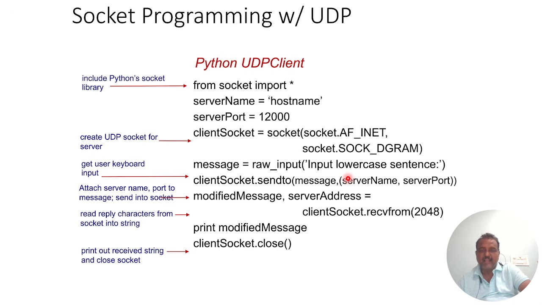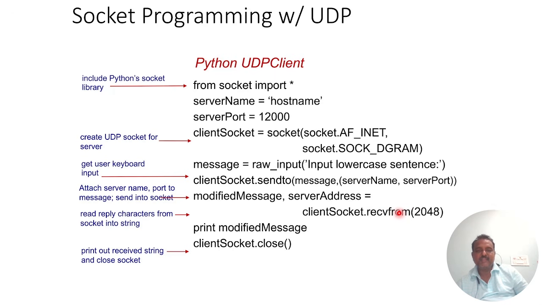Okay, and then if you want to receive the information, now I want to attach my server port number to the message sent in the packet, right? So I want to attach the server name and port to the message which I want to send. So what I do here is I write server address is equal to client socket dot receive from.